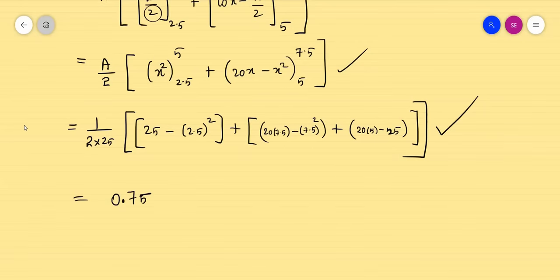I'll tell you now, but from the exam point of view, we have to do the steps. So the probability of selling breads between 250 to 750 kgs is 75%. 3 by 4, 0.75 or 75%, all are same. Is it clear? Is it clear, ma? Yes, sir.